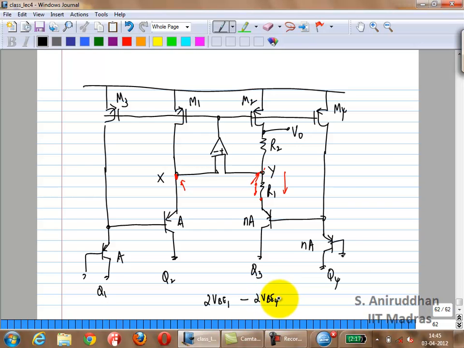Let me make it explicit like this. Okay? So this one accomplishes exactly the same thing.